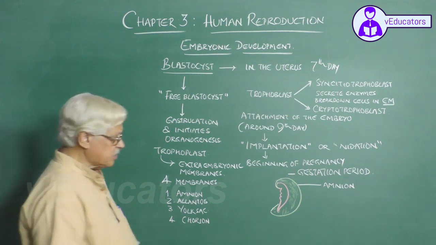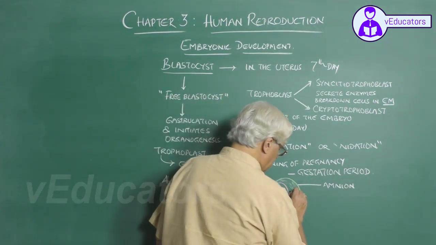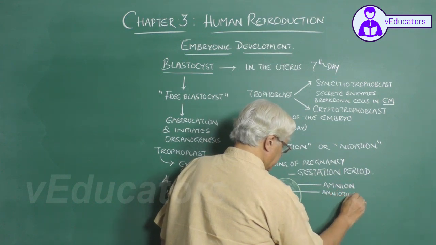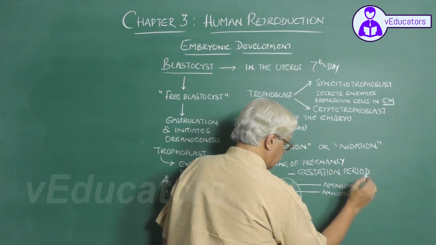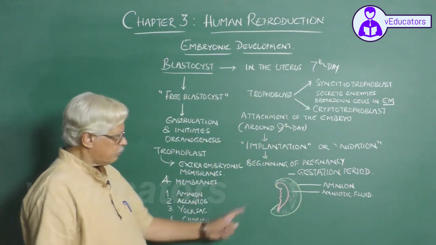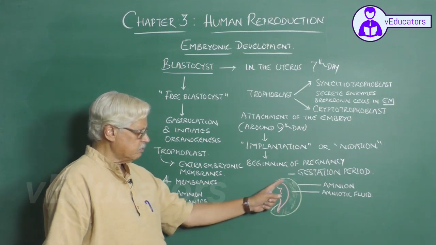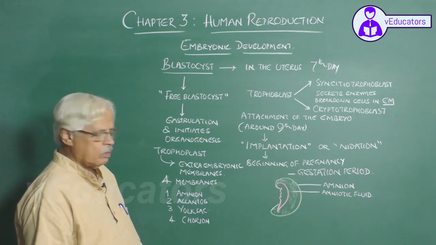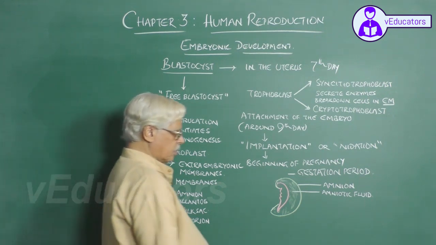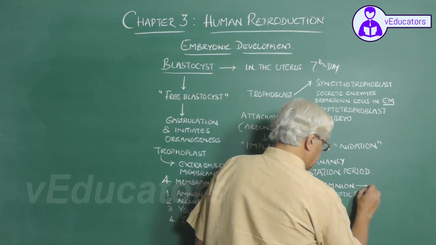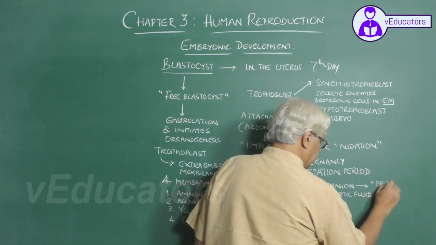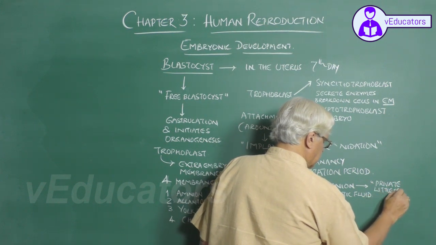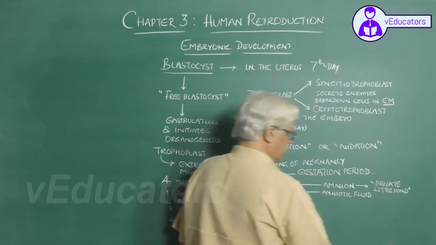The fluid present inside the amnion is called amniotic fluid. This amniotic fluid provides a watery medium which is necessary for development. For this reason, amnion is commonly described as a private little pond of the embryo.